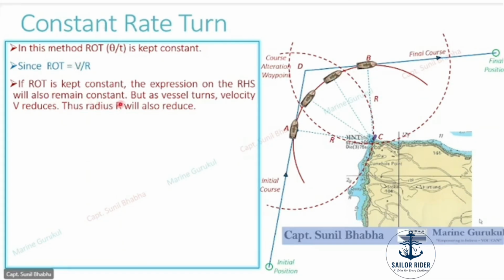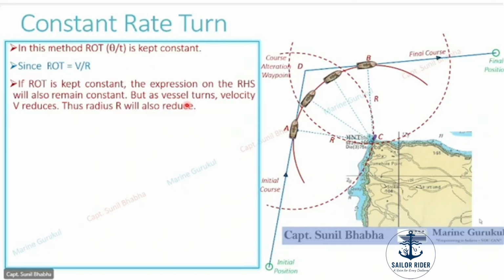But we are aware that whenever the vessel enters into a turn, the speed of the ship experiences a reduction. The reduction in speed will vary from ship to ship. It will depend upon the rudder angle which has been given, weather conditions, and many different factors.